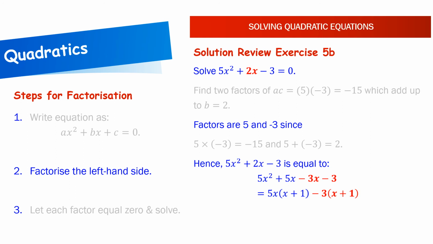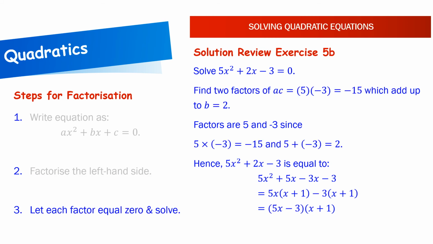So as you can see, x plus 1 is common. And so we have x plus 1 here and 5x minus 3 here. And the expression has been factorized. Therefore, the solutions are x equals 3 over 5 or x equals minus 1 when 5x squared plus 2x minus 3 equals 0.